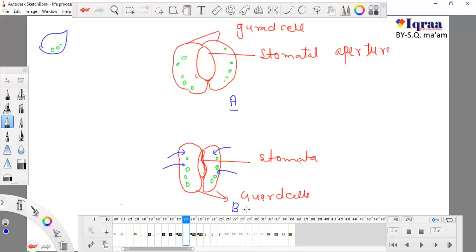At the same time, the guard cells are swollen and bigger in size in condition A, and the guard cells are comparatively shrunken at the B side.